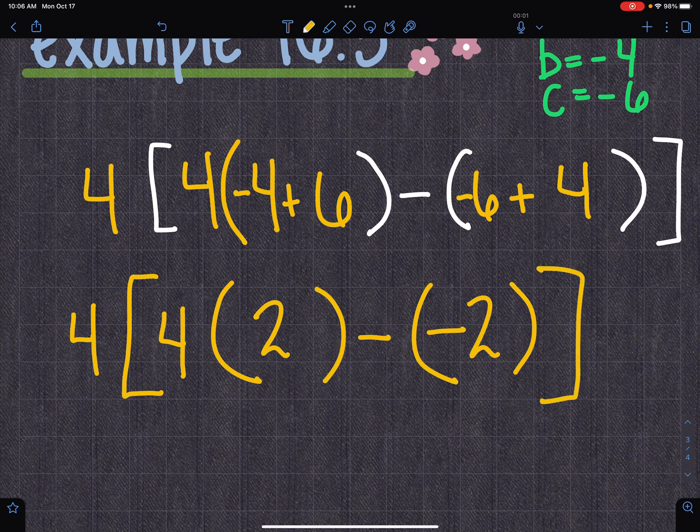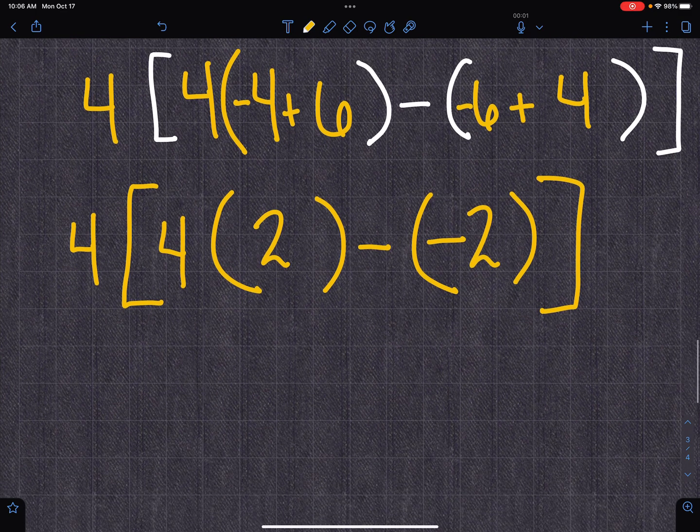And then I look at the whole thing. What's the next thing that I need to do? Well, multiplication, which is here, comes before this addition. This is algebraic addition. It could be turned into plus a +2, but multiplication comes first. So let's do this next.